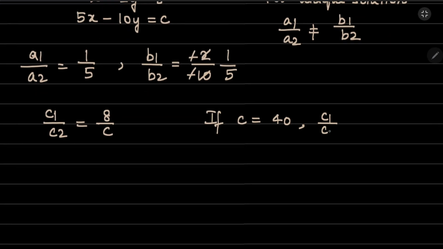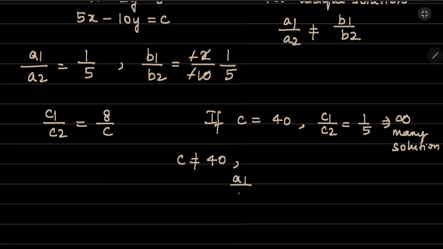In that case, c1 by c2 will also be 1 by 5. And if a1 by a2 is equal to b1 by b2 is equal to c1 by c2, all the three ratios are same, then it will have infinitely many solutions. Correct? And if C is not equal to 40, in that case, you'll get a condition wherein a1 by a2 is equal to b1 by b2, but this is not equal to c1 by c2. And this is the condition for no solution.